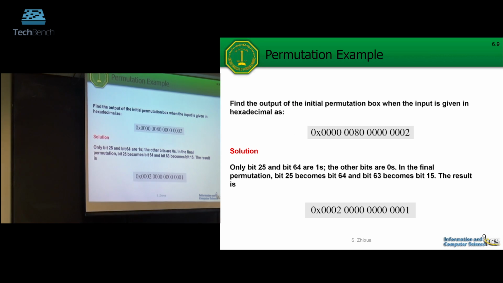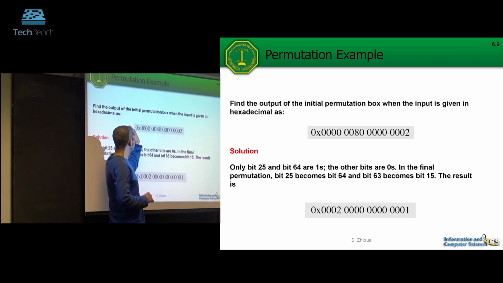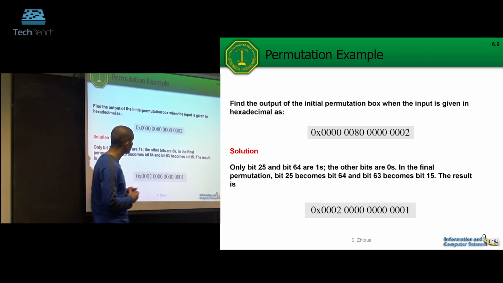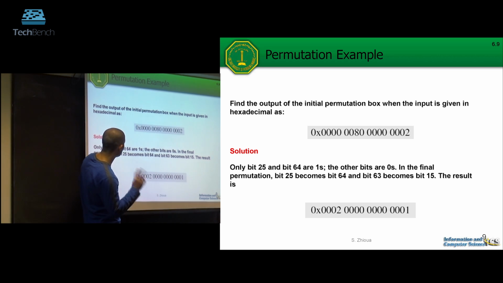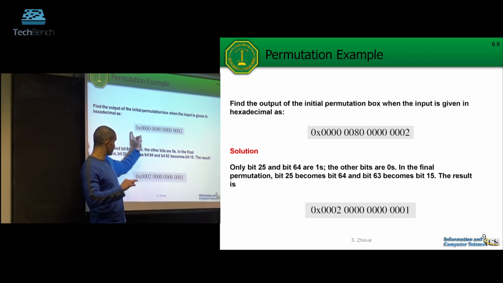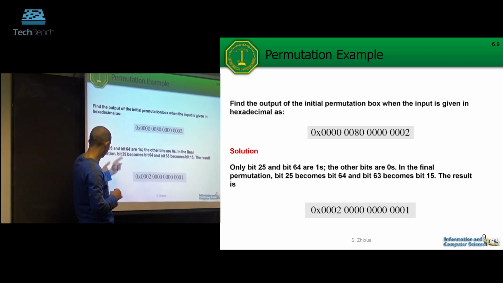This is a simple example of the transformation of the permutation. This is the data, 64 bits as input, and if you apply the initial permutation, all the bits are 0 except 2 bits, number 25 and number 64.